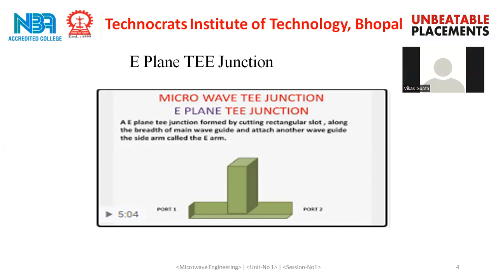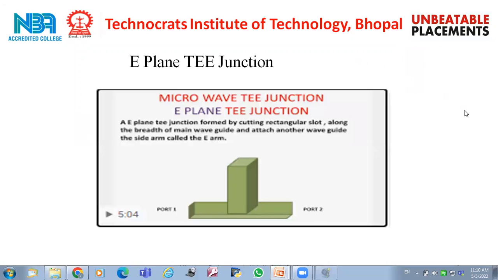The H plane T junction, as I already discussed, is formed by cutting a rectangular slot along the width of the main waveguide, forming a 3-port junction. Likewise, we have the E plane T junction. We can have the EH plane T junction also, which we will discuss in our next lecture. So this is the physical diagram of the E plane T junction, students.